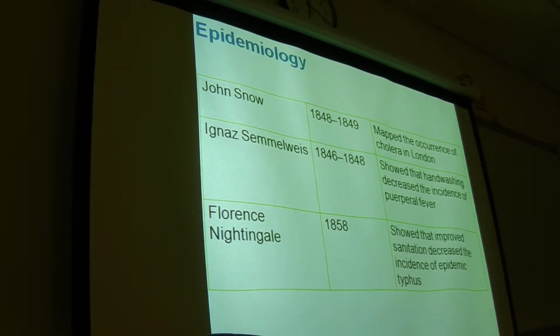She just looked at people that got typhus and observed them to see if they had good sanitation, looked at people that didn't get typhus and observed them to see if they had good sanitation, and then concluded that the people that were cleaner were not getting typhus as often. Okay? It wasn't something she set up, it was something she just observed, but she looked at a control group versus an experimental group.